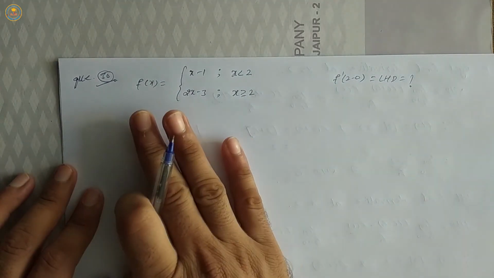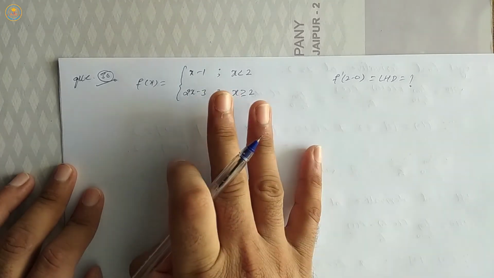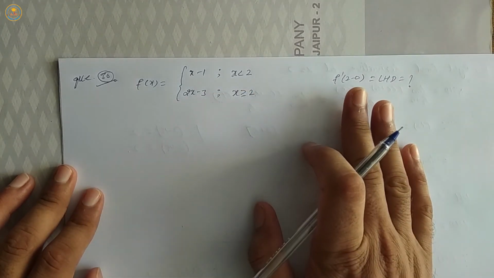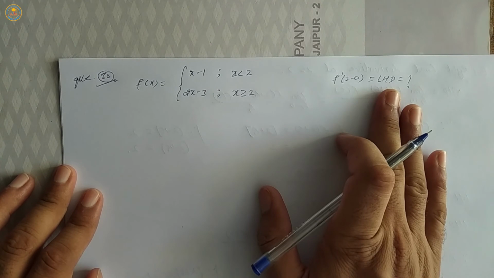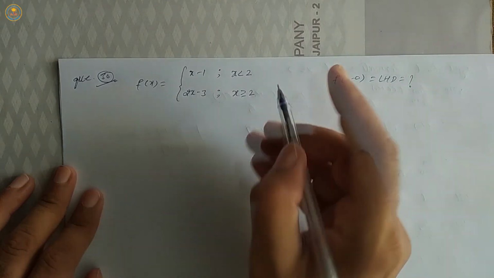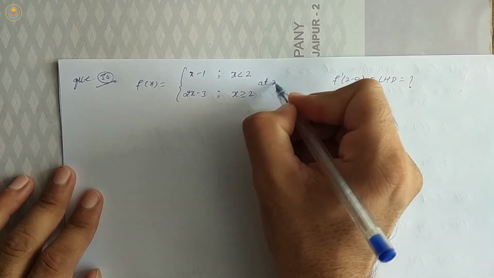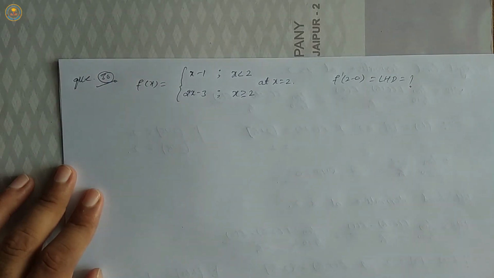Okay, if function f(x) is equal to something, then find f dash 2 minus 0, it means LHD at point x is equal to 2.